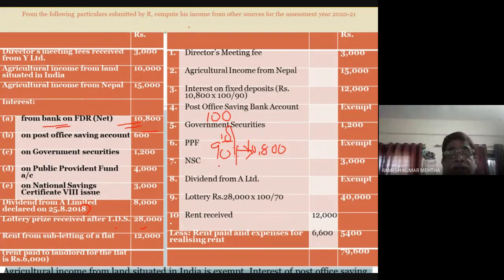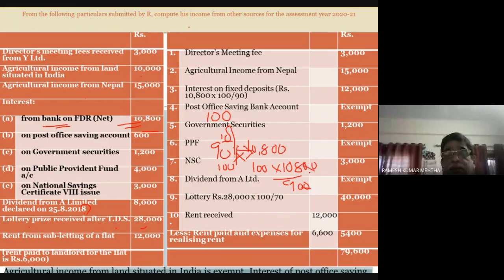So what is the total income he has earned in the form of interest from the bank on fixed deposits? If you want to find that out, you just do these calculations. When 90% is 10,800, what is the full amount? This is 100%. So just cross multiply 100 into 10,800 by 90.